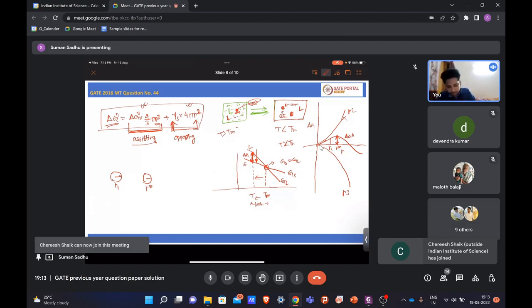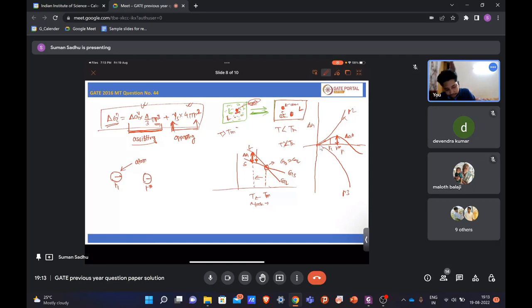Now what I am doing, I am adding one more atom here, right? And also I am adding one more atom here. So what will happen? This r1 radius will increase a bit. Let's say it is moved into r2, that means it moves here. Similarly, each radius also increases a bit, so it will move from r star to r star prime or r star 1, let's say. So it will move here.